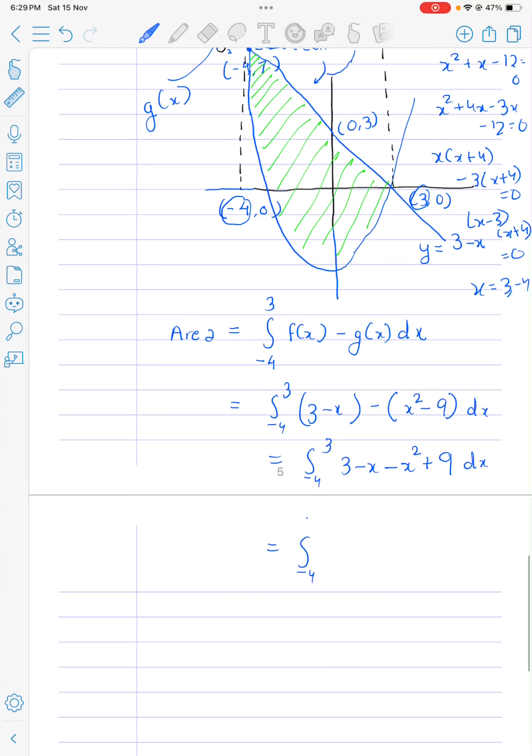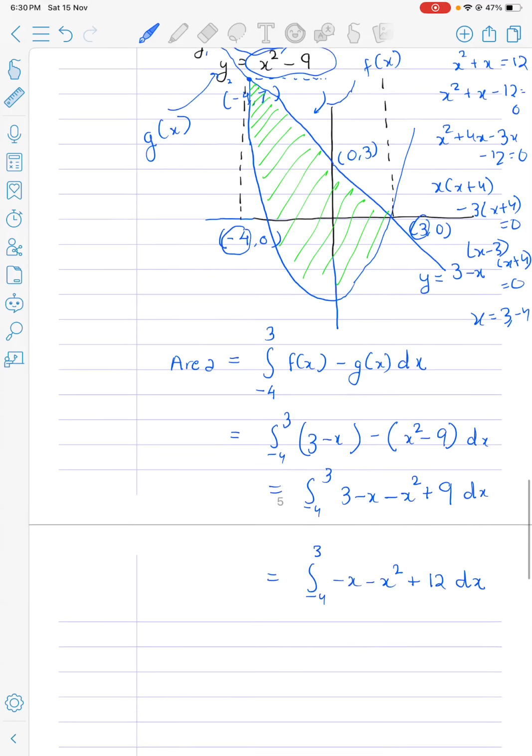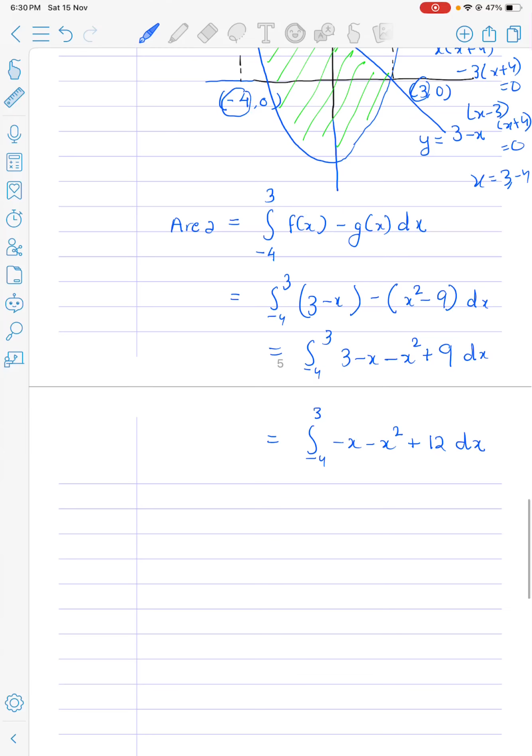So this you consider minus x square, and 9 plus 3 will be 12, dx.